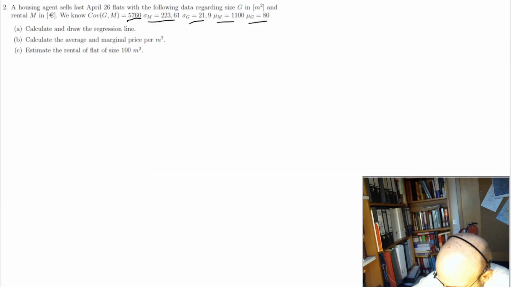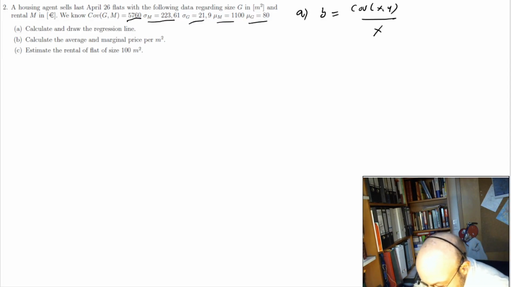So b is covariance of xy over variance of x.